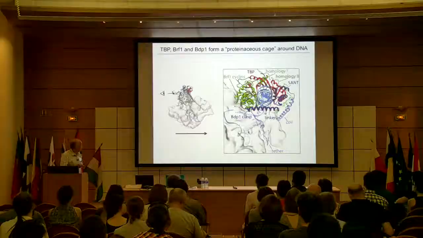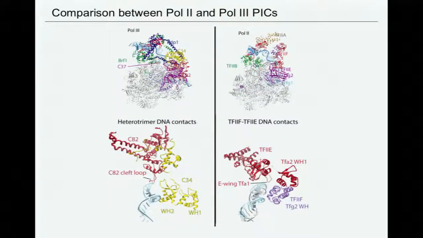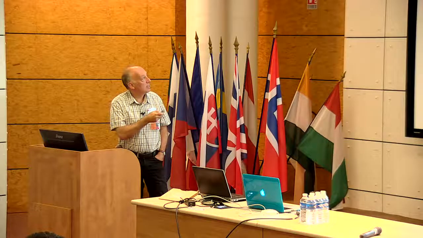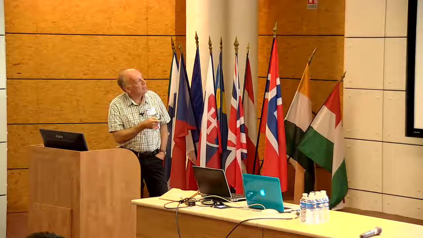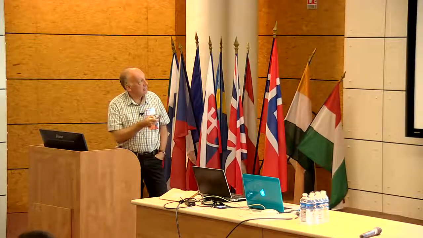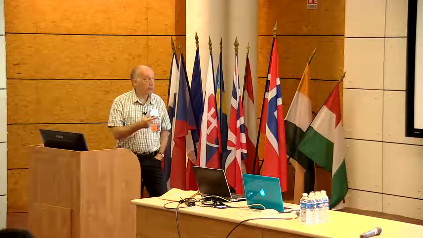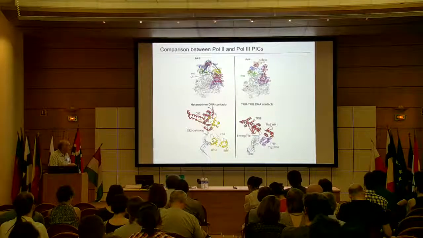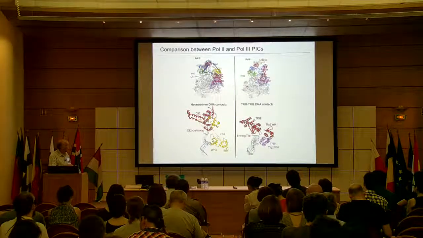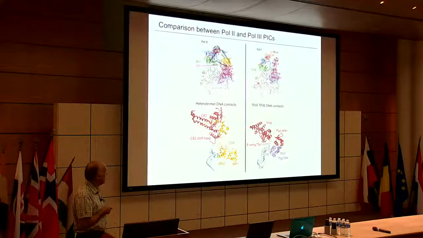There are many more things one could say, but just one aspect I mentioned before, these TF2E, TF2F-like factors. This is a comparison between the Pol 3 pre-initiation complex and Pol 2, and you see the course of the DNA is actually quite similar, different from the course in Pol 1. C82 really plays a TF2E-like role here, contacting the DNA through a loop, similar to how TF2E does it.